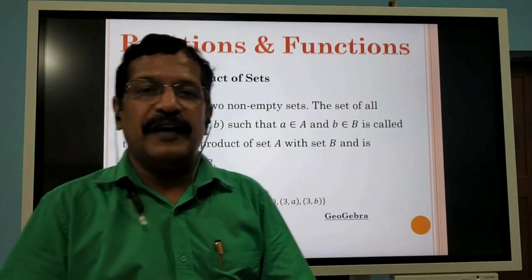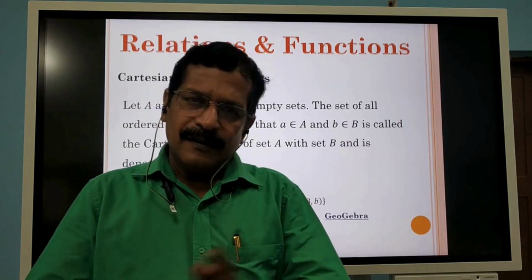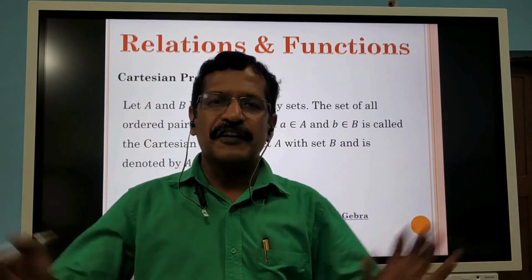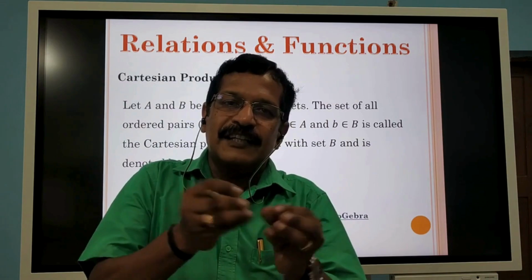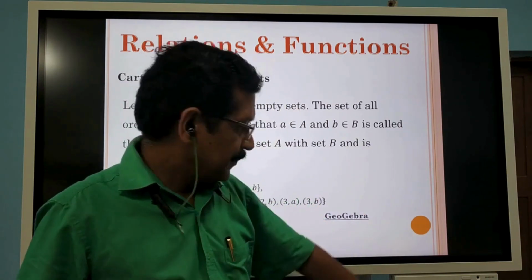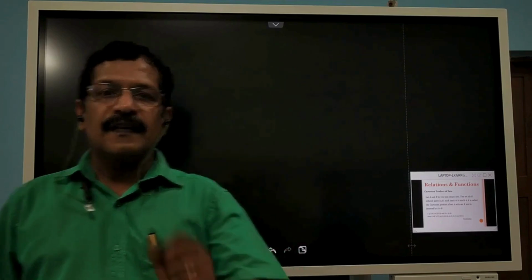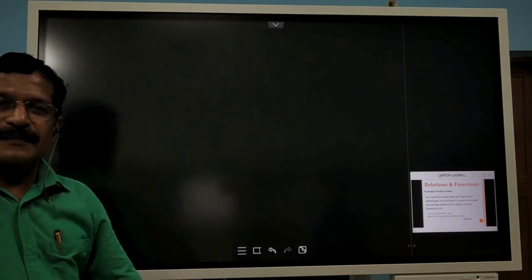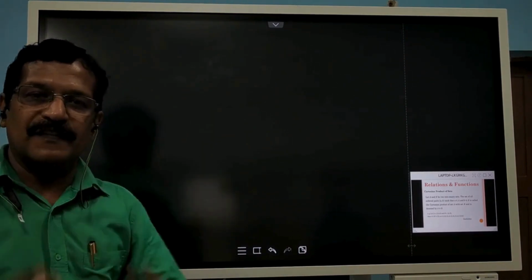Now we have to define a relation. What is a relation? In our life, we have so many relationships. Let us connect the relationship to mathematics here. Let us see. There is a situation. Suppose in a Vidyalaya, there are a teacher set and a student set.